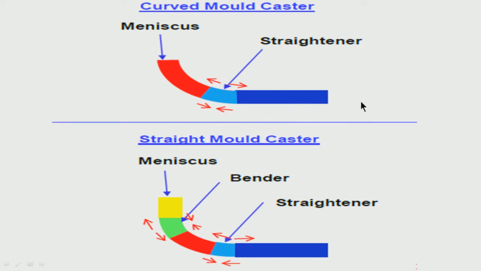I have mentioned that there is a possibility of some inclusions getting generated or entrapped in liquid steel, which will try to float up in the mold. Now, when inclusions are floating up, what is happening? If you have a straight mold, inclusion will straight away float up like this and get absorbed at the top of the mold.